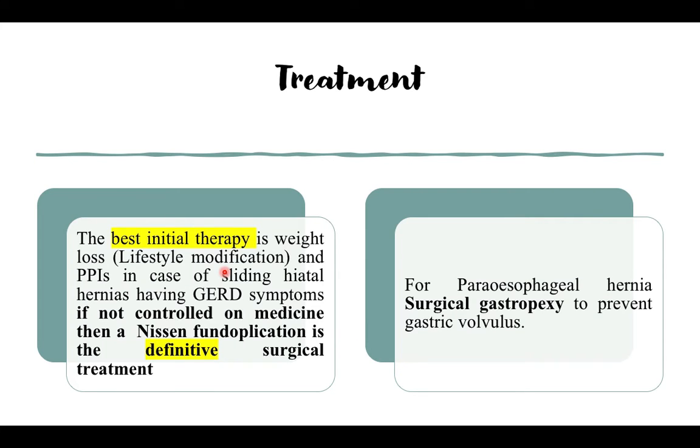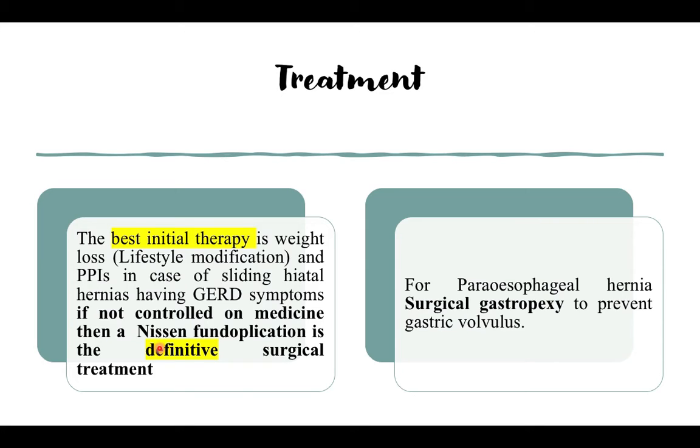Now how are you going to treat your patients? The best initial therapy is weight loss. Maybe lifestyle modification you're going to advise your patient, and proton pump inhibitors, in case of sliding hiatal hernia, that's type 1, which normally has GERD symptoms. If not controlled on medication, then we will go for a definitive surgical treatment, and that is Nissen fundoplication.